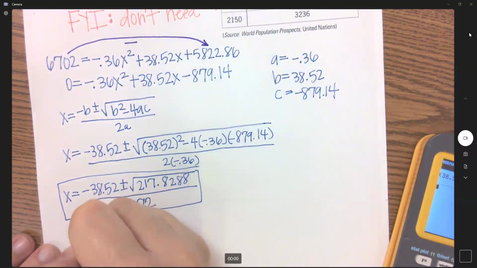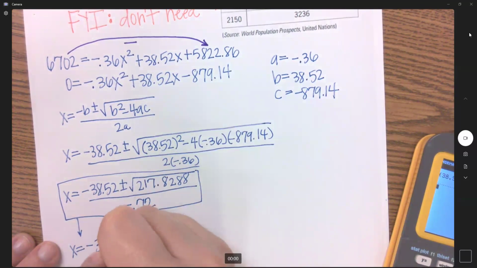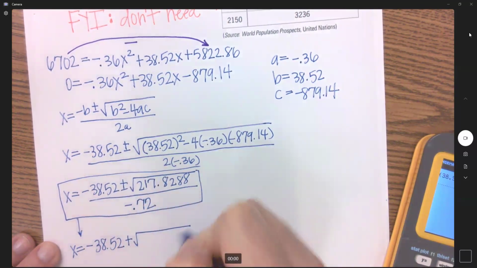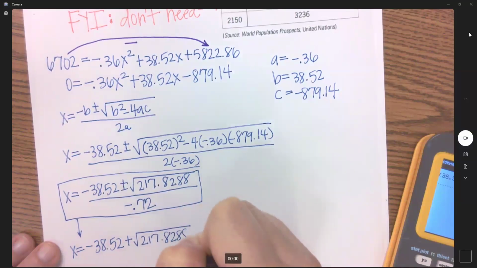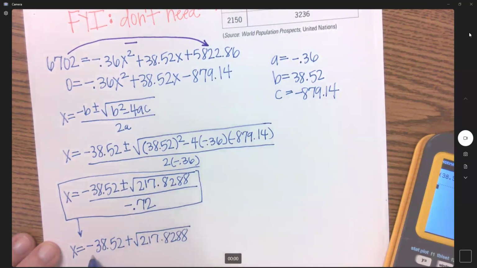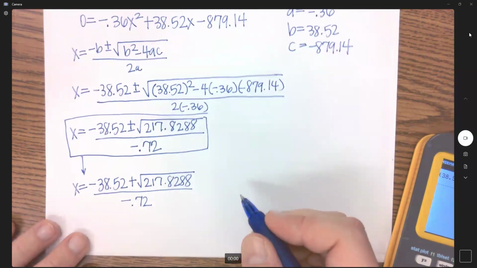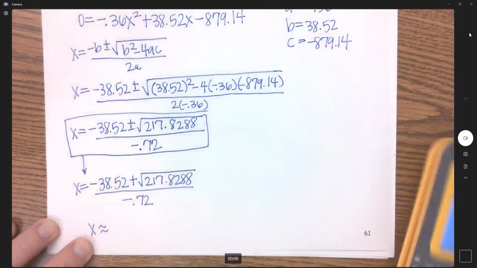So from here, I get that x equals negative 38.52 plus my square root, all over negative 0.72. And so we're going to get x to be about what?